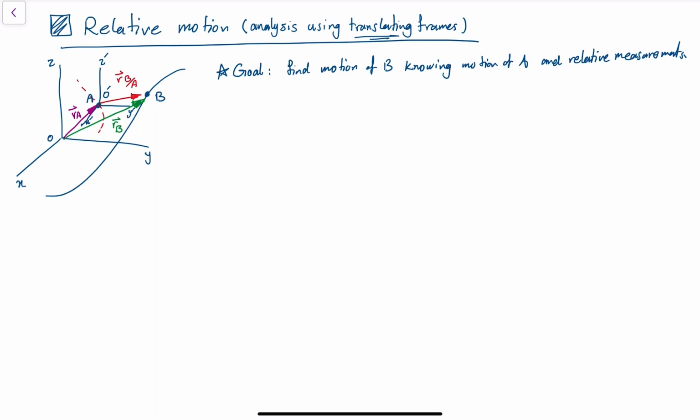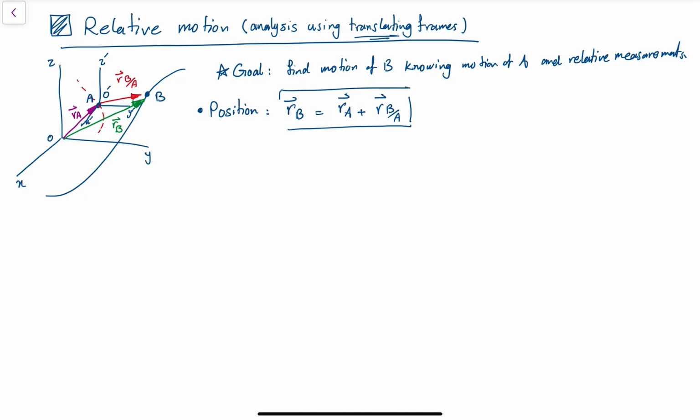That is the entire goal, but it is fairly easy to work at the position level. Position. We can just look at the vectors. Our goal is to find RB. And if you notice the triangle that these three vectors make, vector RB is essentially vector RA plus this vector R of B relative to A. And that is our relationship.